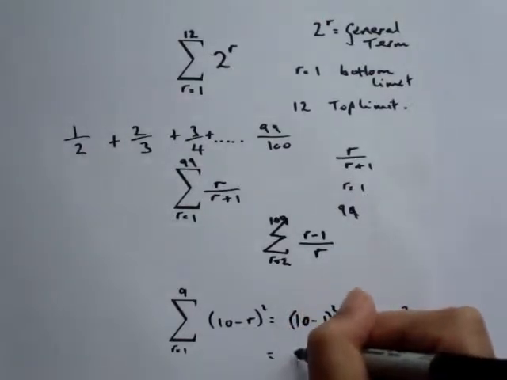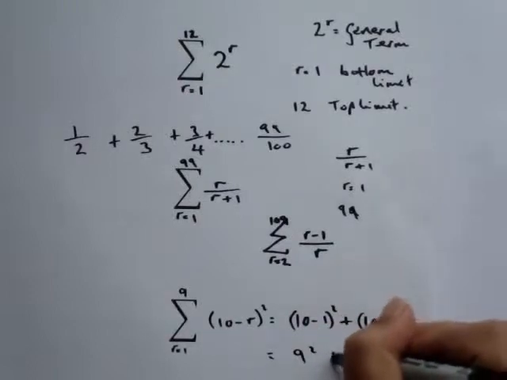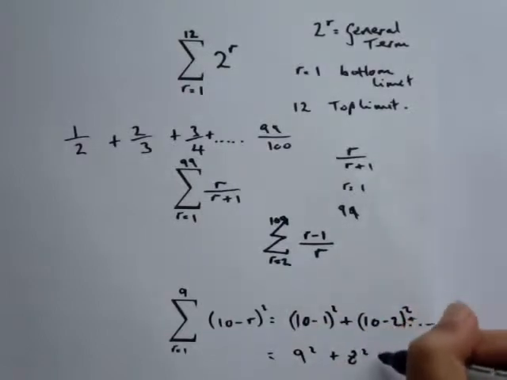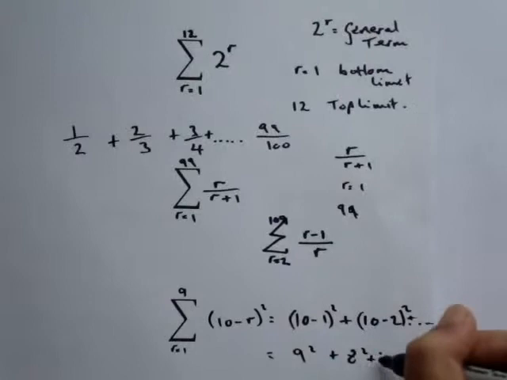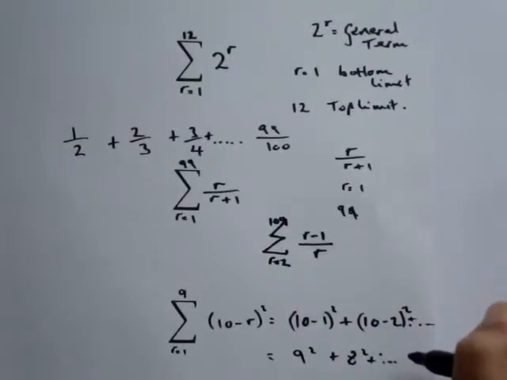This equals 9 squared plus 8 squared, and then going up to 1 squared.